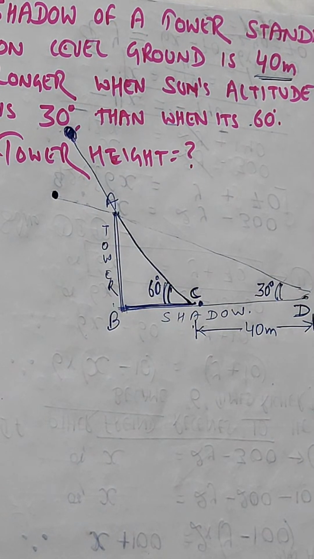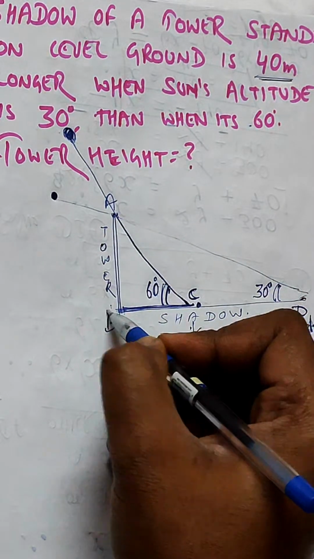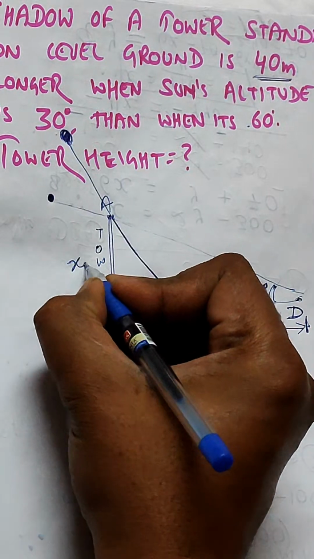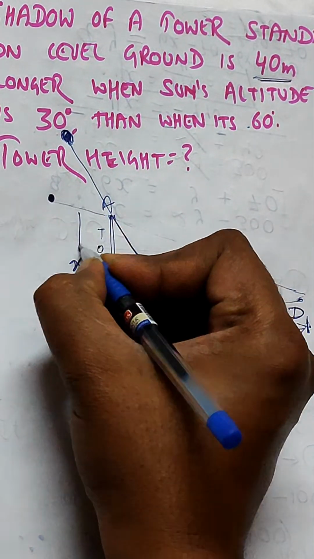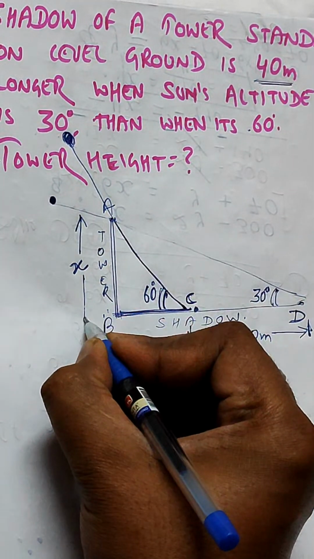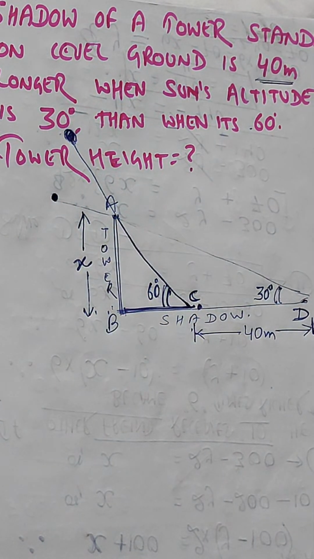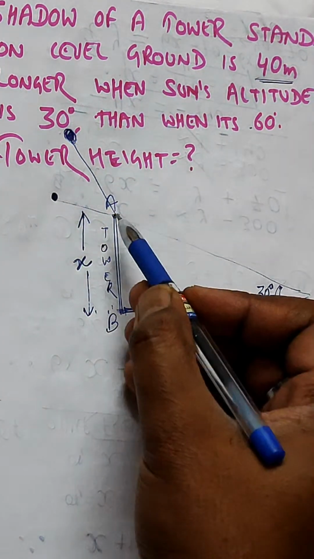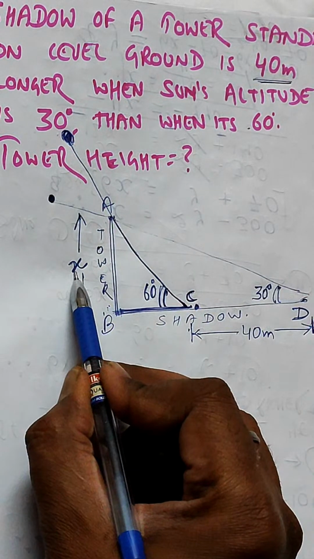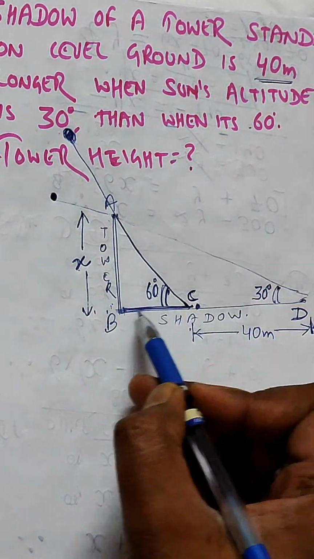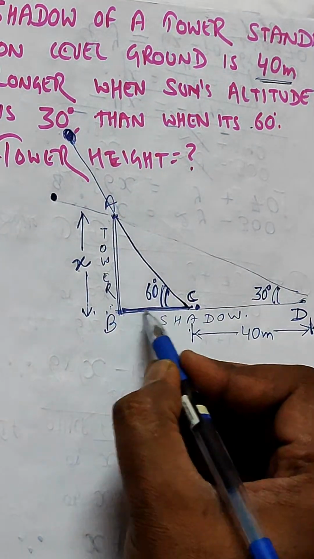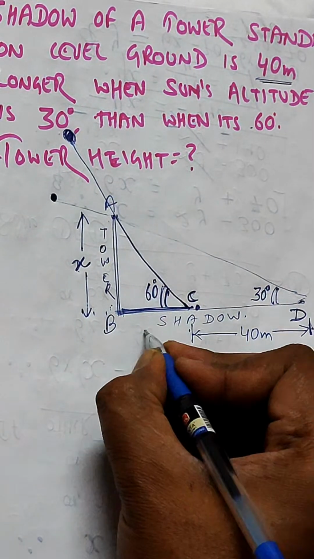Here in this question, let us assume the tower height as x, right? Since the tower height is x, for BC let us assume it as y.